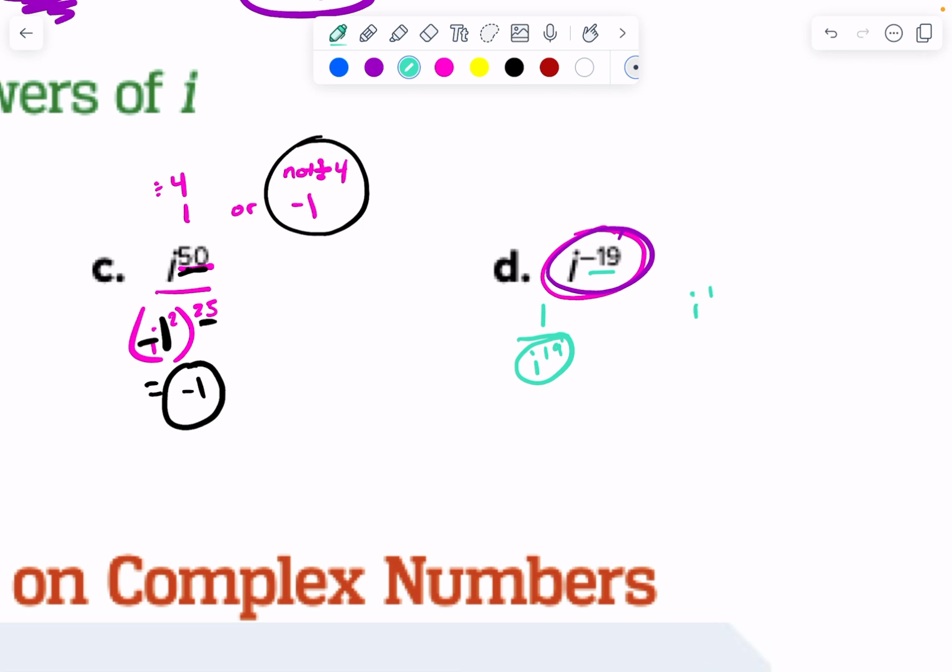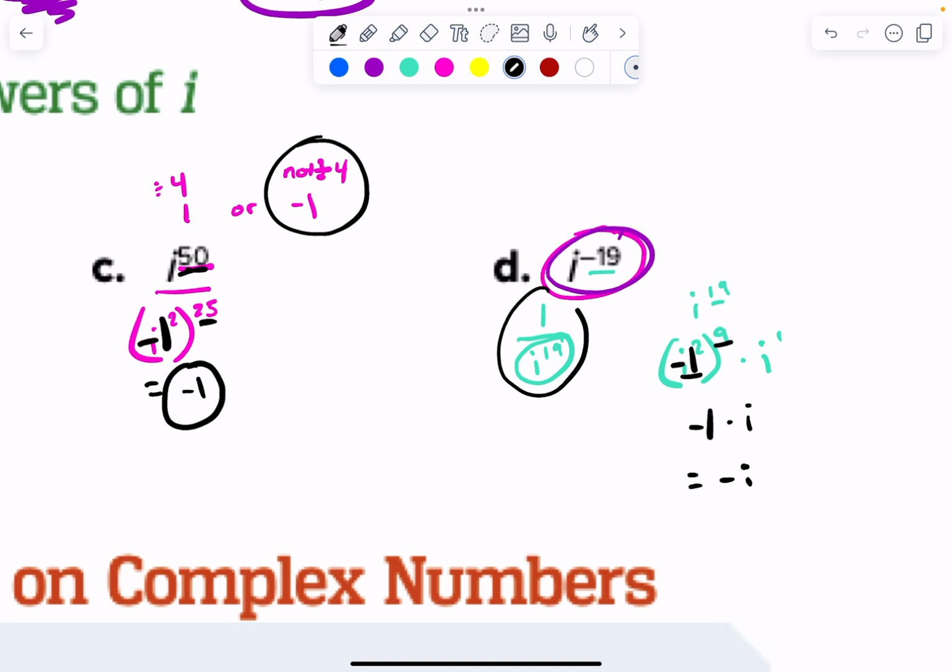So i to the 19th, I know that i squared to the, I gotta think, 2 times 9 gives me 18, but then I need 1 more, right, to make 19. Okay, and i squared is negative 1. Negative 1 times itself 9 times is still negative 1. Times i, this is going to be negative i. Okay, so what I have going on here is 1 over negative i.